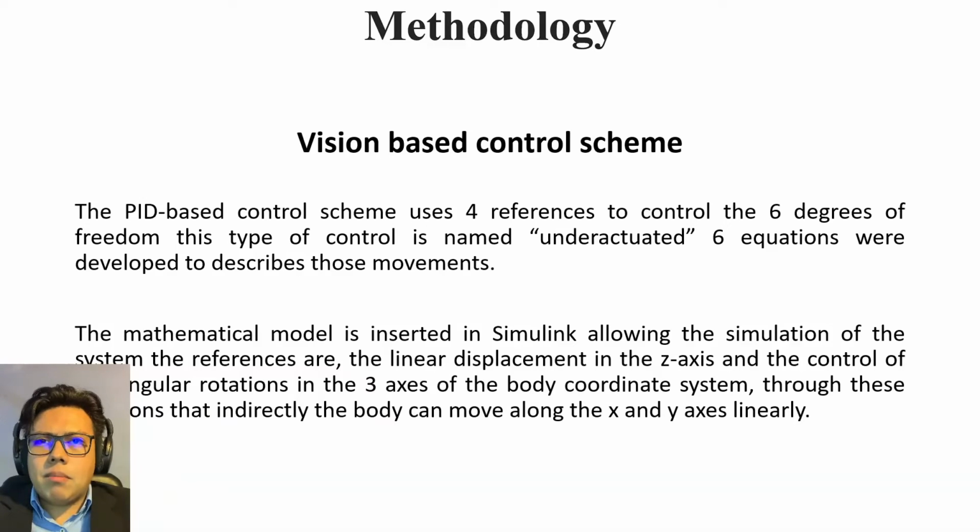The mathematical model is inserted in Simulink, which is software that permits the simulation of the system. The references are linear displacement and the z-axis, and the controls are angular rotations about the 3 axes of the body coordinate system. Through this rotation, the body can indirectly move along the x and y axes.